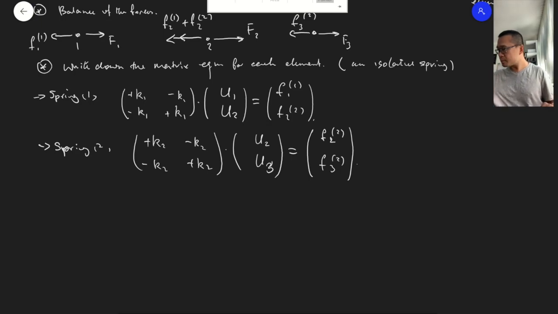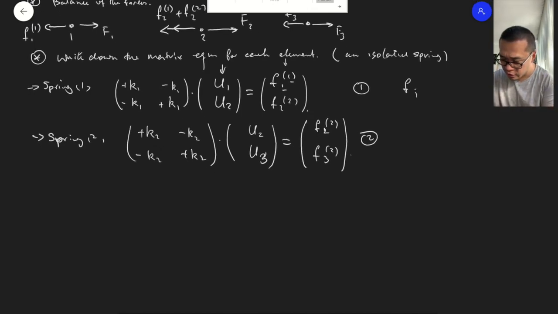So now we have two equations, 1 and 2, that link the displacement or the deformation at individual nodes to the actual force exerted on an element, say, on spring J. So F_iJ, let's write it down, in this notation is the force exerted on element J at node I, right?